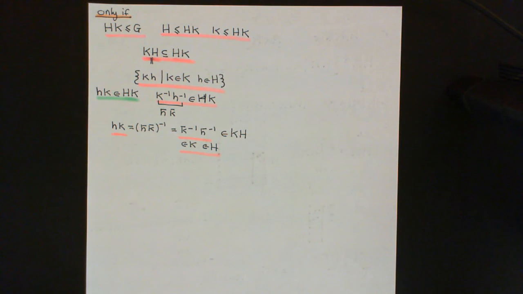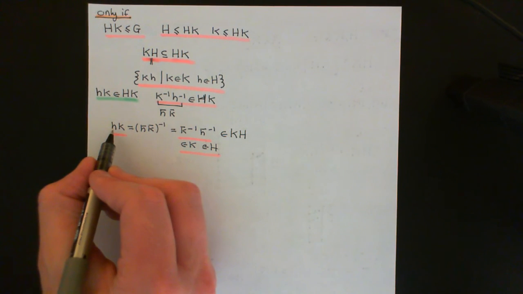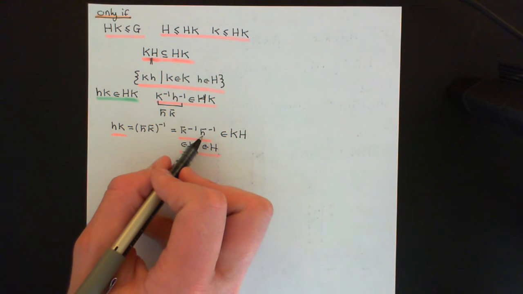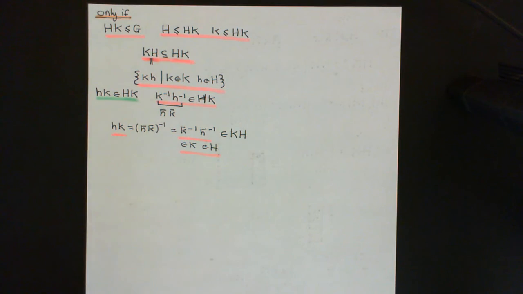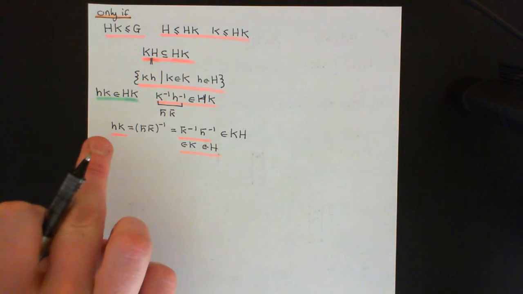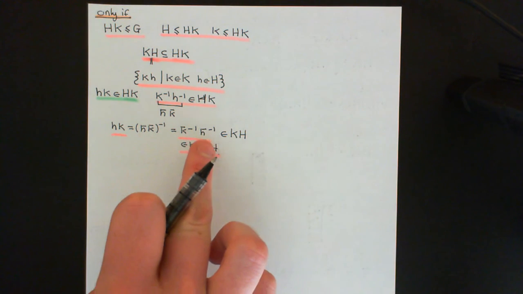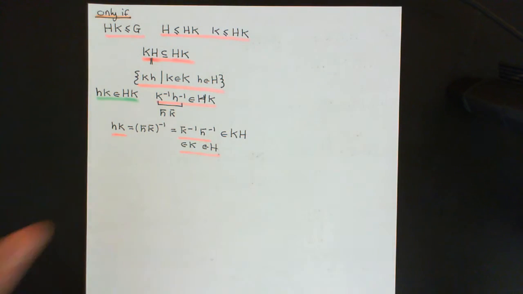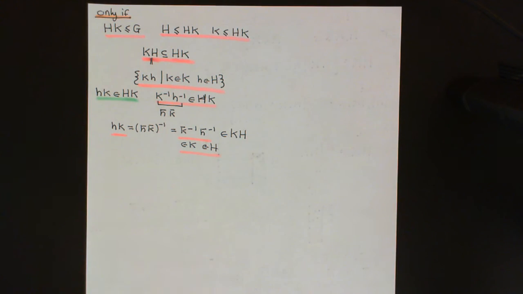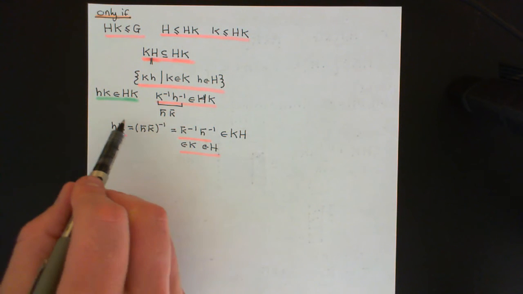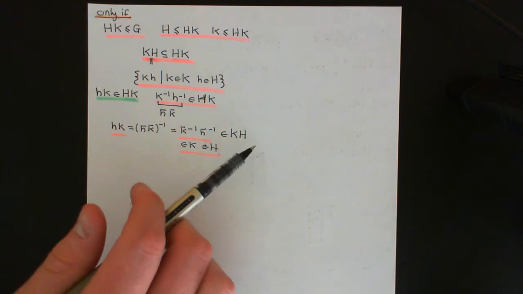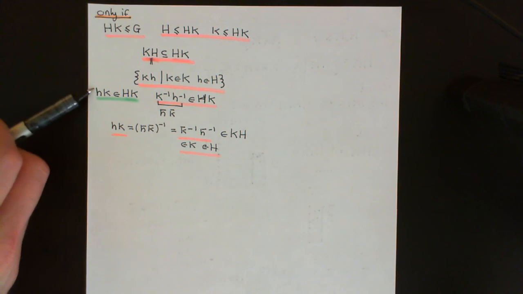So what I have been able to do is write my arbitrary element, little h composed with little k, as something in capital K composed with something in capital H. I've given you a trick to be able to find an element of capital K and an element of capital H, such that when you product them that way round, an element of capital K composed with an element of capital H, you get this arbitrary element of the product of capital H with capital K. So I've now shown that anything here is also going to be in here because this was completely general.